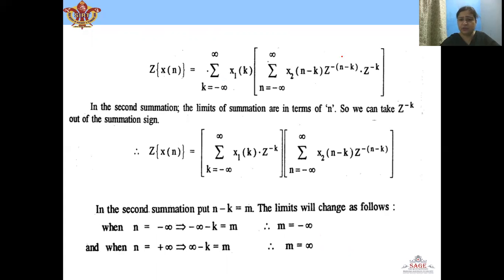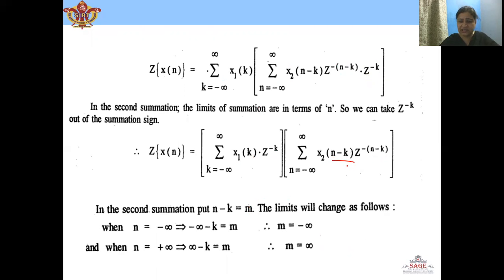So z raised to power k will be combined with this z power, and z raised to power minus k will be taken separately, along with this summation. So here we can see x1[k] z raised to power minus k, and x2[n minus k] z raised to power minus (n minus k). Now in the second summation, we will take n minus k as m.